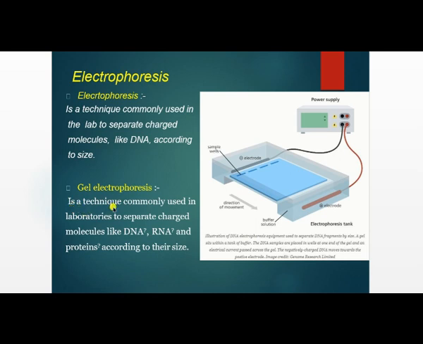It is a technique commonly used in the laboratory to separate charged molecules like DNA, RNA and proteins according to their charges. See here, this is the electrophoresis tank, and here is the power supply. In this electrophoresis tank, buffer solution is loaded to maintain the pH.